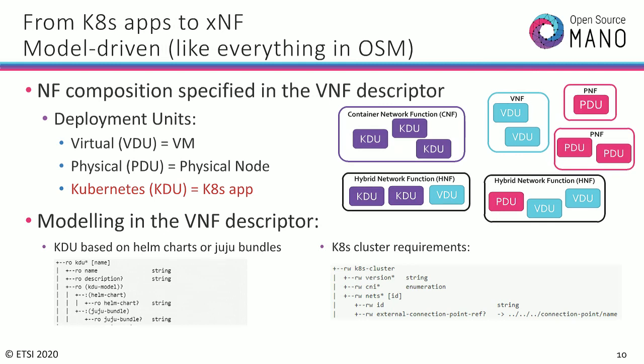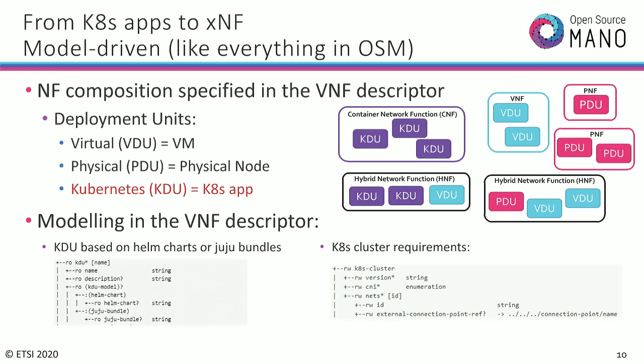Whenever we introduce a new functionality, we identify the changes to be done in the information model. And in this case, the way we have decided is by creating a new kind of deployment unit. Typically a network function, an NF, whose composition is specified in the descriptor, can consist of different deployment units.